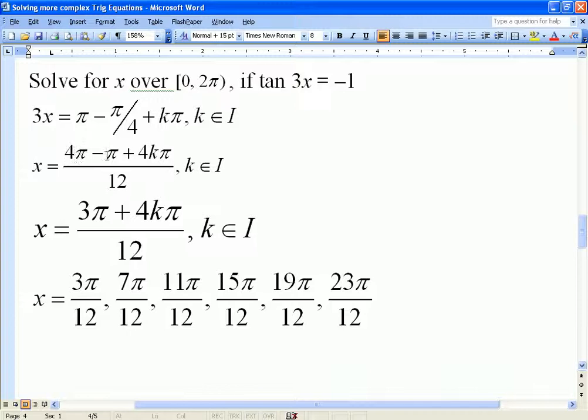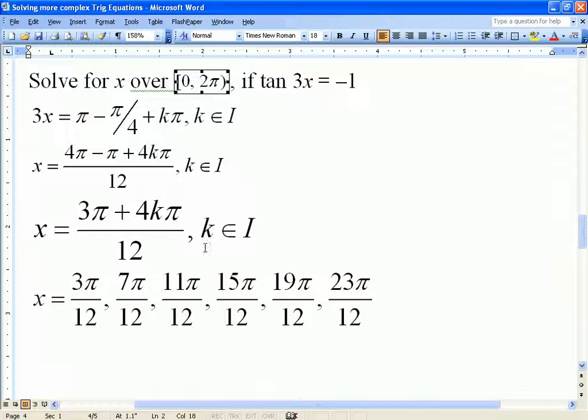Simplifying, we get 3 pi plus 4k pi over 12, where k is an element of integers. I now want to see which values of k do I put in there to give me values of x which are in the interval between 0 and 2 pi. 0 and 2 pi is the interval that we are solving on.